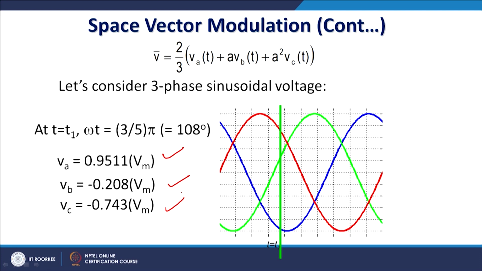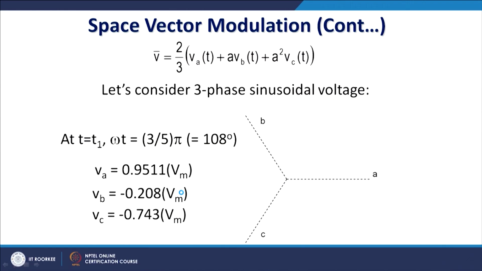But what generally happens? In the case of PWM, you apply either plus VDC or minus VDC. So, let us see how it is different here. This is the phase system. We assume anticlockwise rotation. This is the magnitude of Va, which is 0.95.